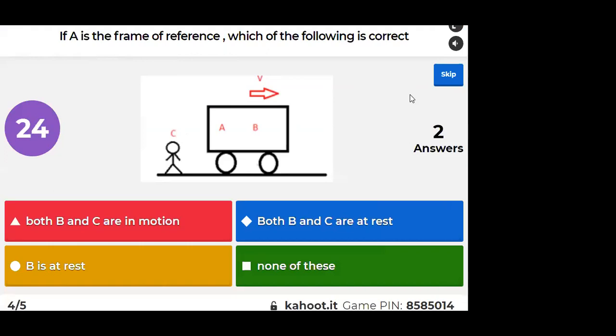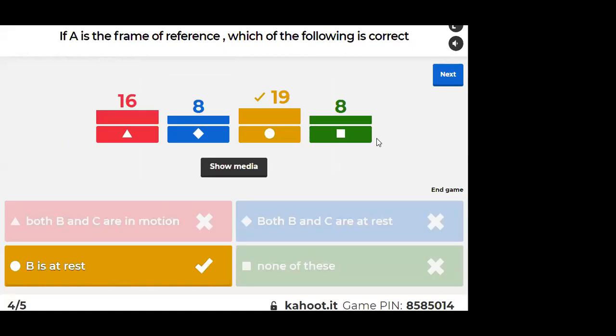Okay. So see, if A is a frame of reference, which of the following is correct? Tell me. B is at rest, na?